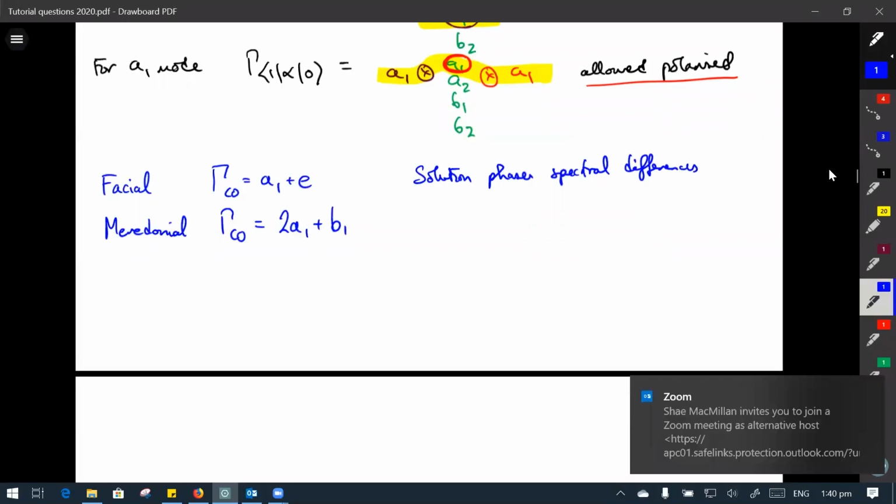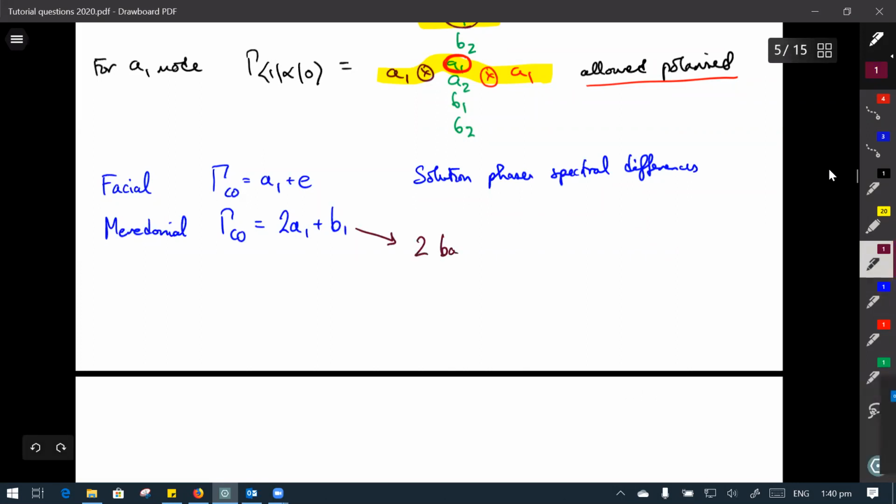Okay, so this one has, in the infrared, 3 bands. This one has 2. It also has 2 bands in the Raman.